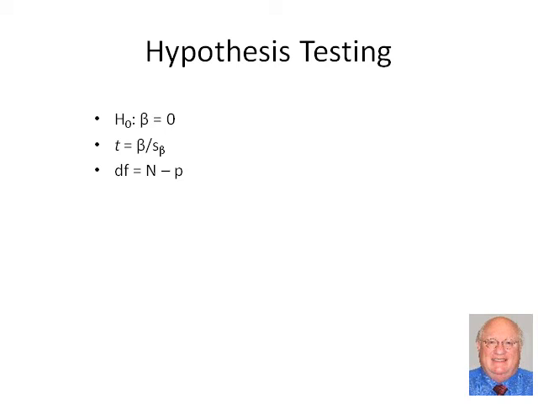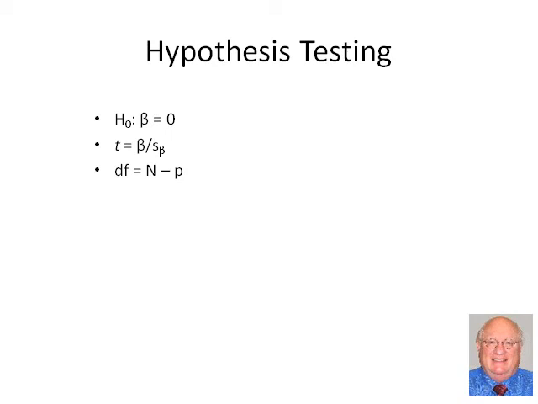This is tested with a t-test, which is computed by dividing beta by the standard error of beta, and tested with degrees of freedom equal to n minus p, or n minus 1. This t for beta is usually not computed because it is identical to the t computed for b.